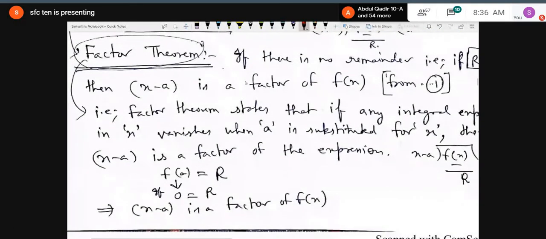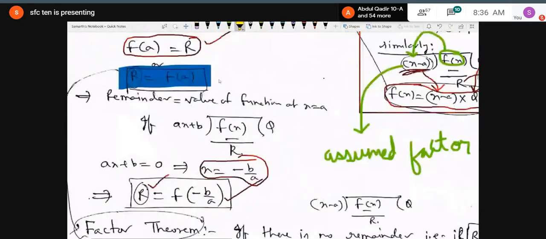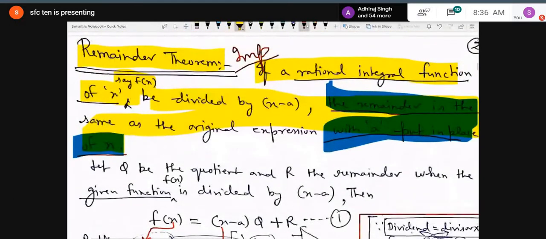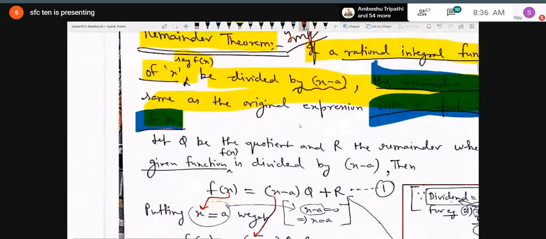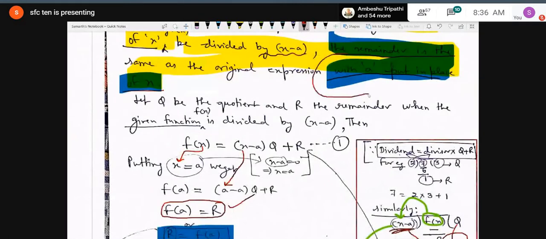In the first case, what I said was that if a rational integral function of x, say f(x), is divided by x minus a, the remainder is the same as the original expression with a put in place of x. Over here, the statement is the same but with a minute difference. Suppose there is no remainder, that is the remainder is equal to 0. In this case only, x minus a is a factor of f(x).